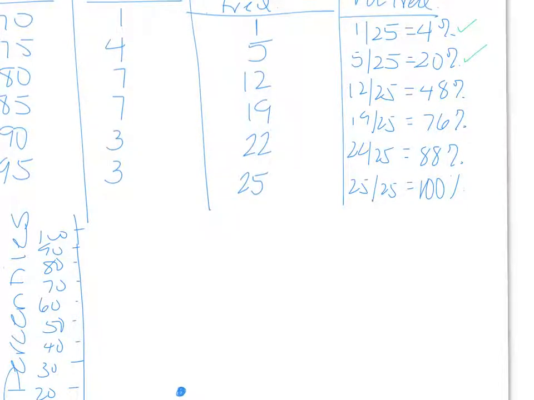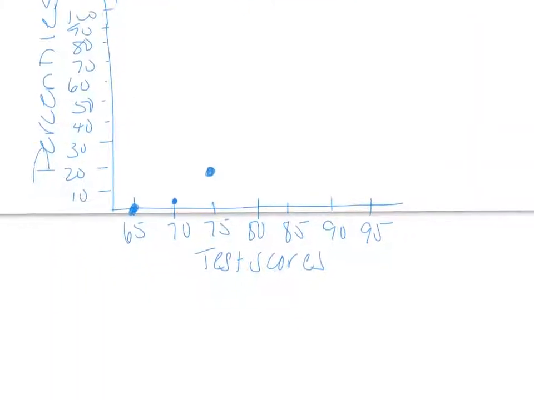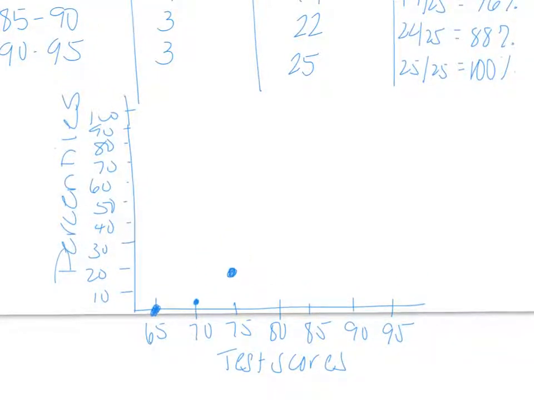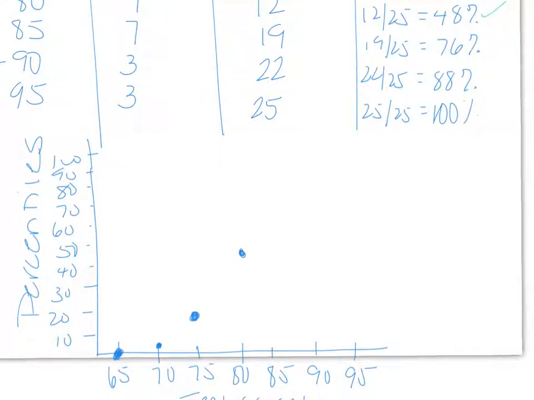Okay, my next interval runs up to 48, so I'm going to put a point on 48. From 48, we go to 76. From 76 to 88. And then finally all the way up to 100.